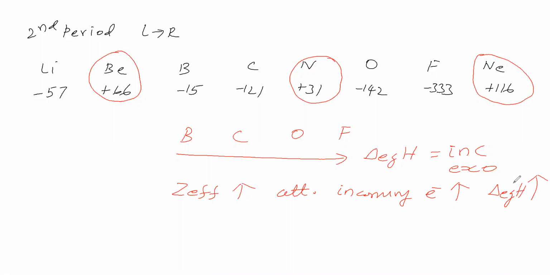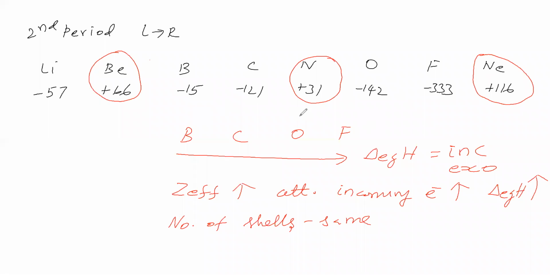Along the period, the number of shells remains the same, but effective nuclear charge increases, so attraction with the incoming electron increases. Therefore, this is how electron gain enthalpy varies along the period.